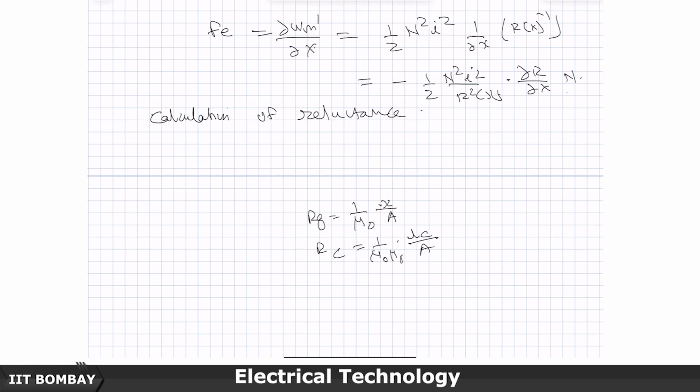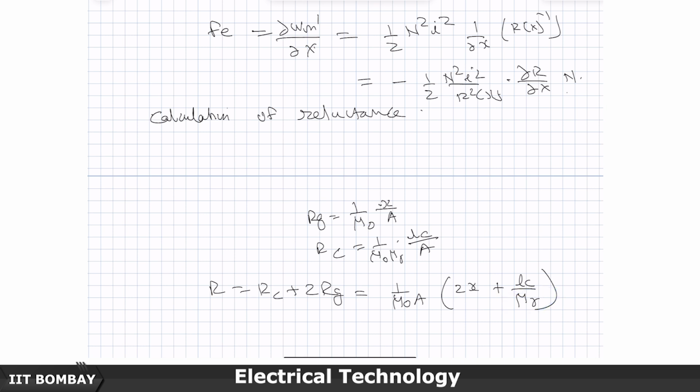The reluctance R is equal to R c plus 2 R g. So, you can take 1 by mu 0 A as common, and 2 x plus L c by mu r. I think this point I have been emphasizing again and again to all of you: L c, the length of the core, shrinks effectively because of the mu r.